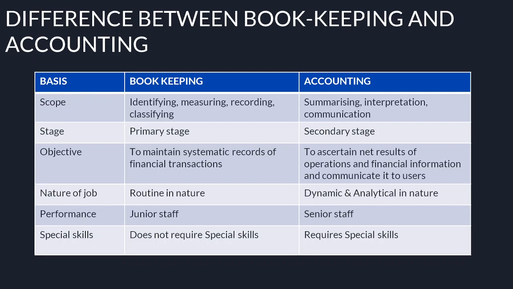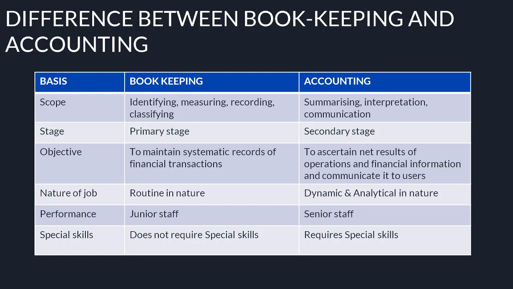The next basis is nature of job. In case of bookkeeping, this job is routine in nature, whereas in case of accounting, this job is analytical and it is dynamic in nature. The next basis is performance. Bookkeeping, being a routine work, is performed by the junior staff, whereas accounting, being a specialized function, is performed by senior staff.